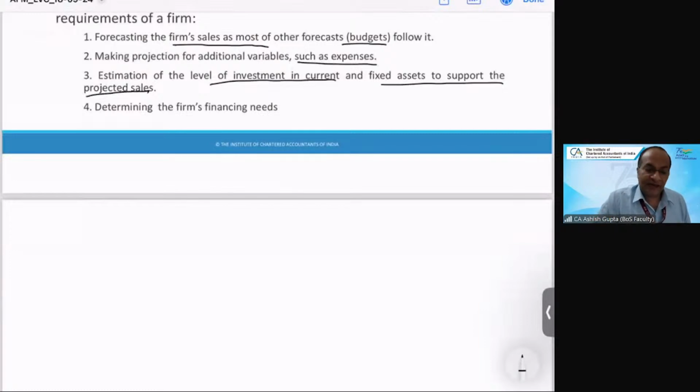Sometimes our assets also need to be increased for achieving some sales level, so we have to see how much increase there shall be. It can be in tandem, equal to the sales increase, or it can be more or less. Broadly, we have to follow this approach.